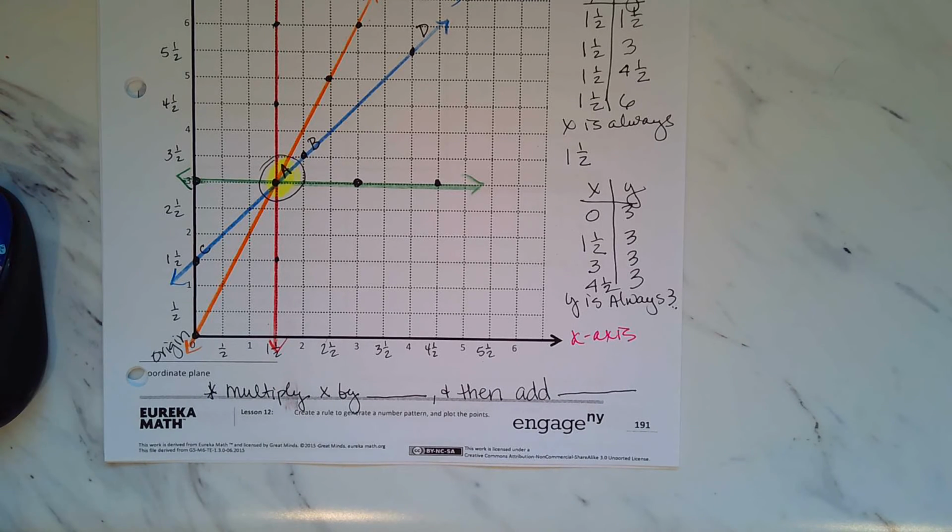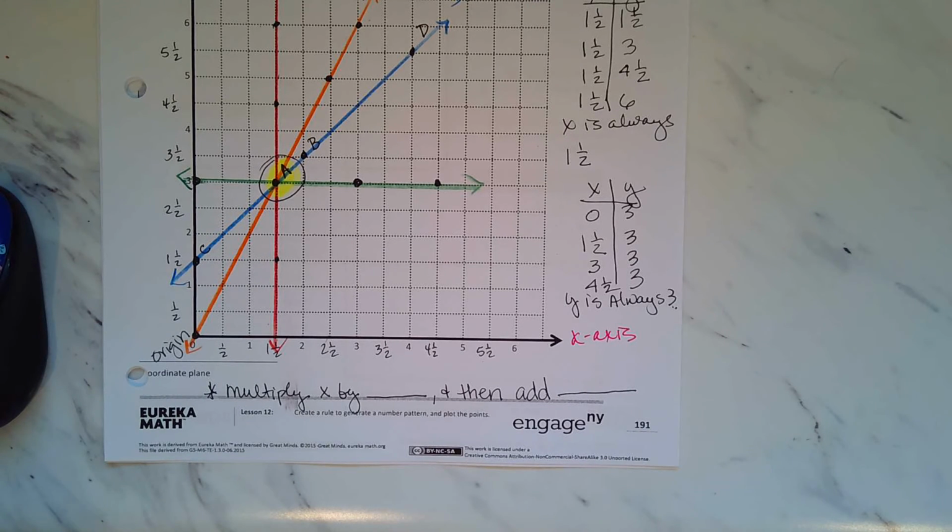Now remember, your rule is to include multiplication and addition. So you need to make sure that after you multiply, the product is less than 3. The product needs to be less than 3 so that we still have some room to add. If the product was more than 3, then we would need to subtract to get the y coordinate.